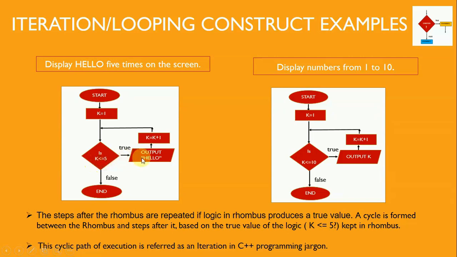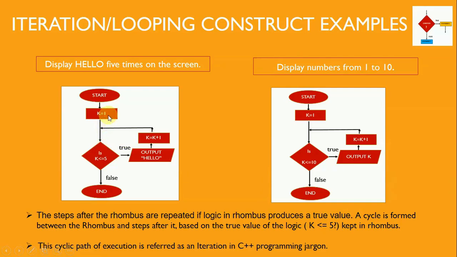If it is true, then I will output hello on the screen, and then you can see the flow of control is like this. It will go up, and then this statement is executed, which is k equals k plus 1. And again it goes like this, and after this it will again check this condition.